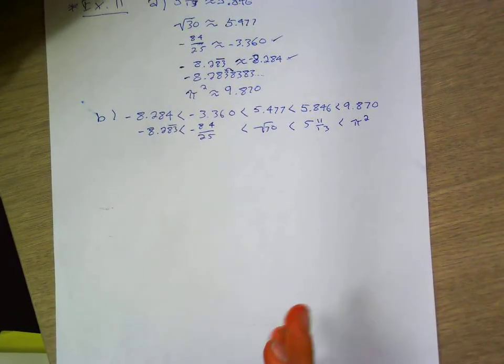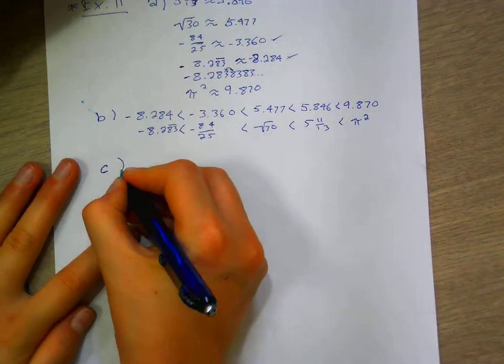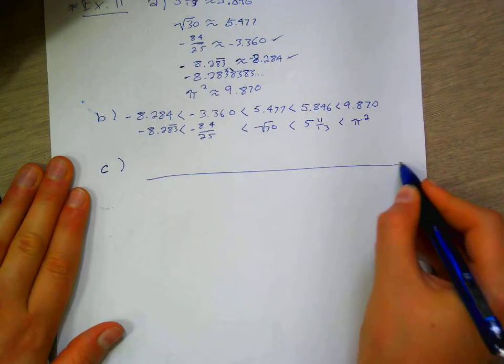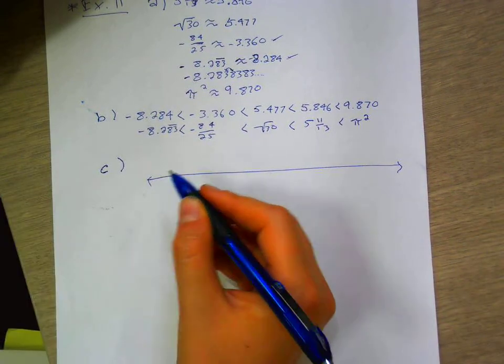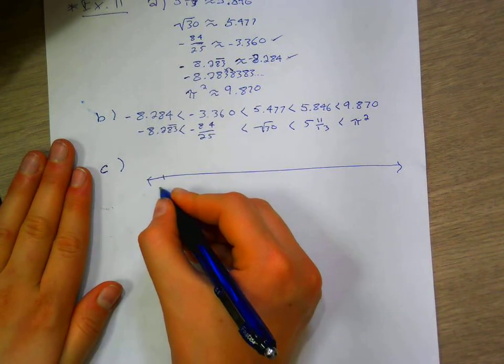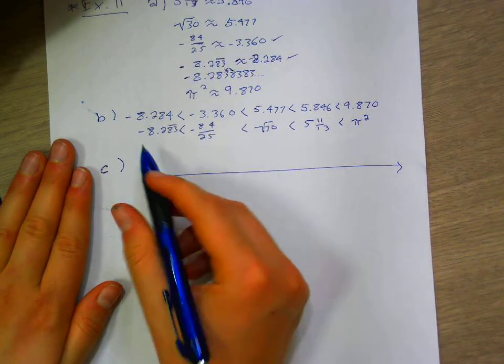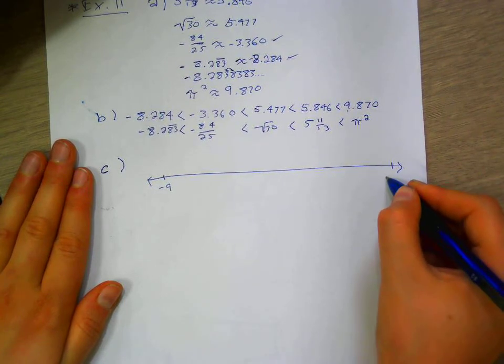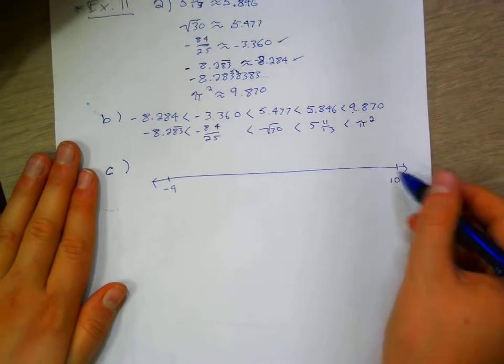C, locate each real number approximately on the real number line. Draw a real number line. The smallest we go down to is negative 8, so I'm going to make a negative 9 on here. The biggest we go up to is 9.8, so I'm going to make a 10. So all these numbers will be in this range.